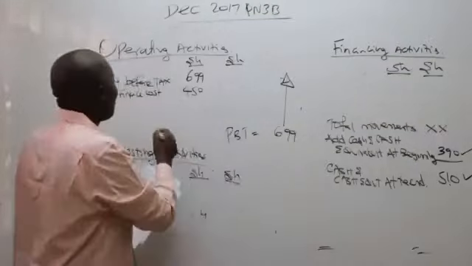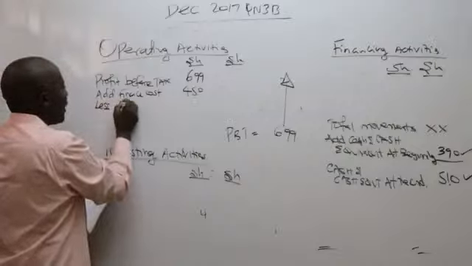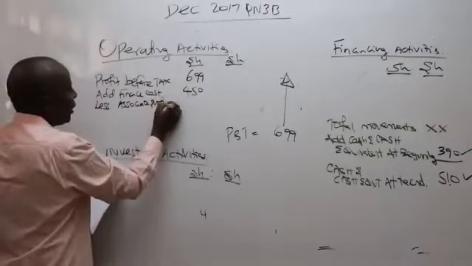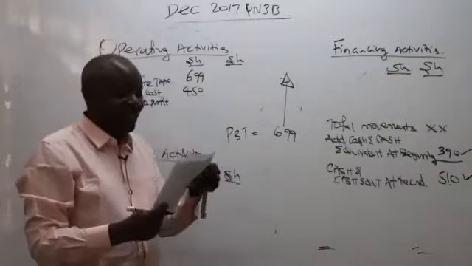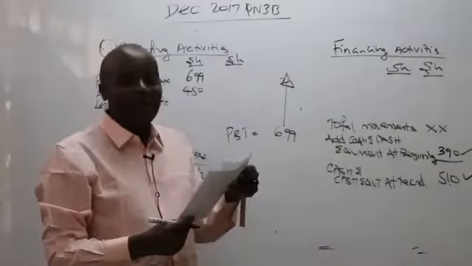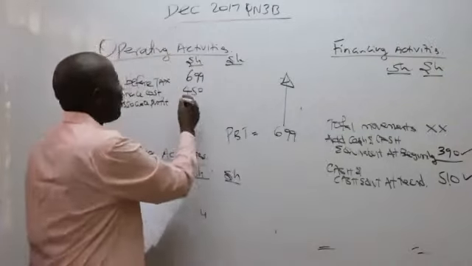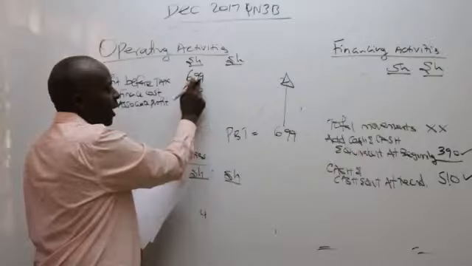So here, we less the associate's profit. How much is the associate profit? Associate profit is 144. I have to deduct it simply because they had added the figure to arrive at this.